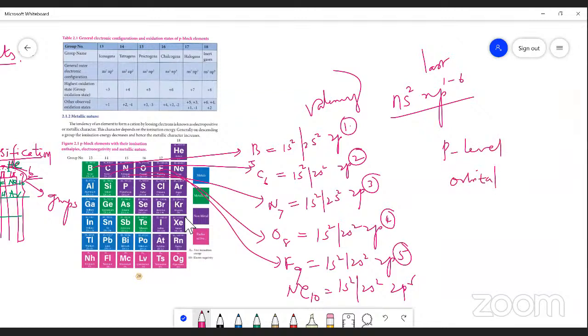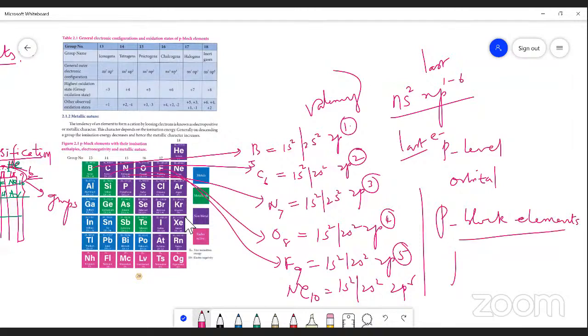The last electrons enter into the p orbitals. So these elements are known as P block elements. This is a classification, which we have studied as periodic classification.